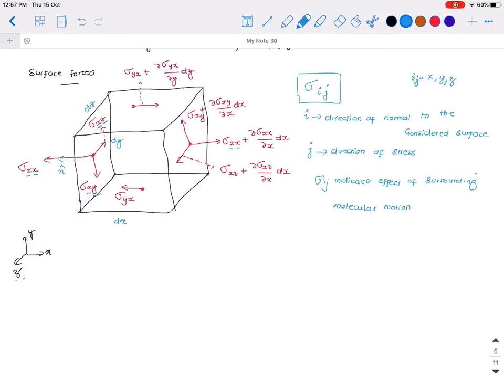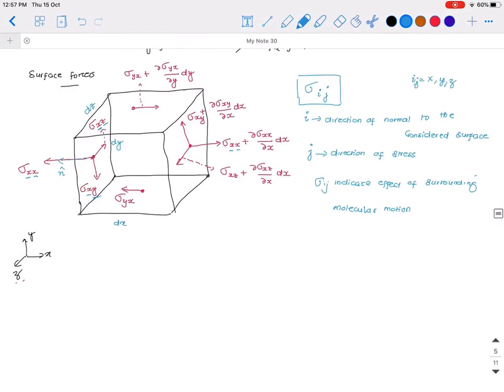Actually this element is not isolated in the fluid flow, and there will be flux of molecules going through the surface. This effect and the effect of intermolecular attractive forces are described by sigma ij. Okay, that effect we have put together here.